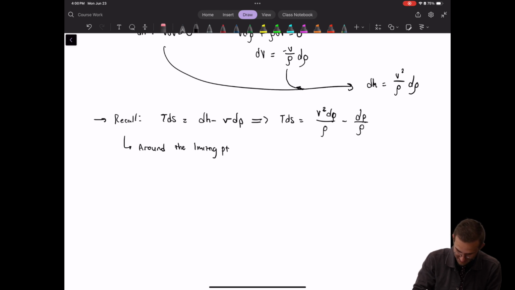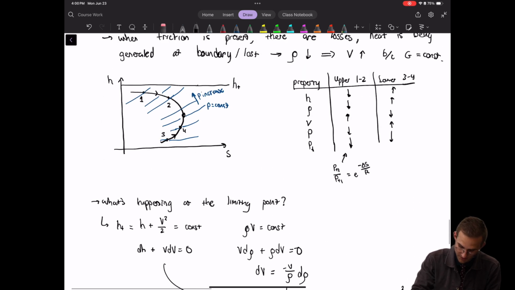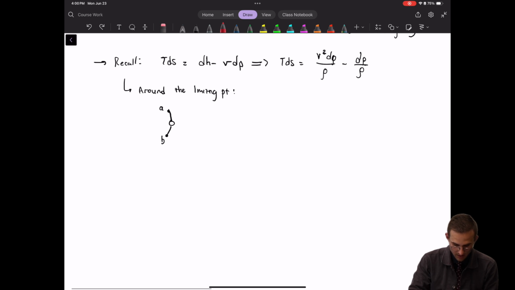So on the diagram, let's say we're looking at state A, directly above the limiting point, which I'm representing by a circle here, and then state B. Looking at this diagram, you can see A and B are where I'll put these red dots here, okay? So we're looking at around the limiting point.